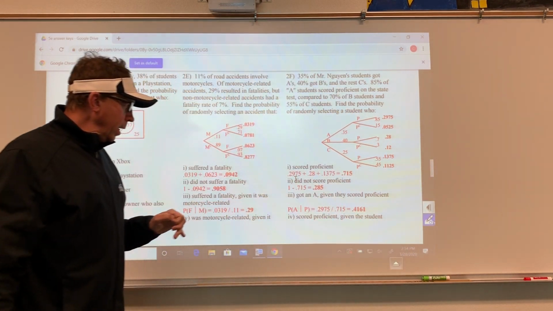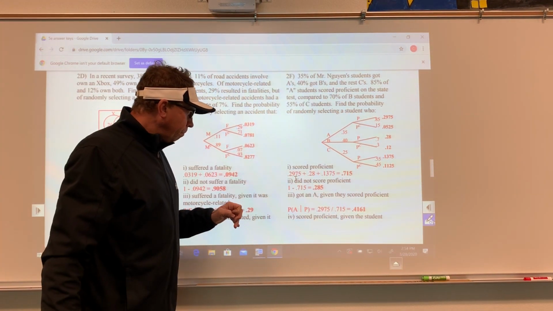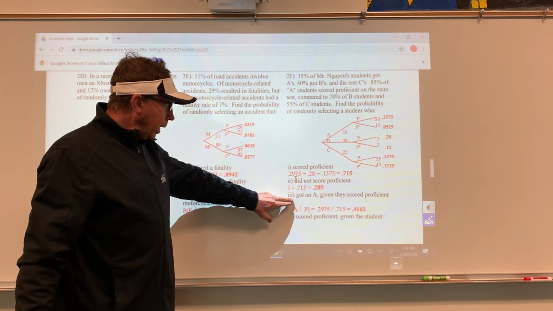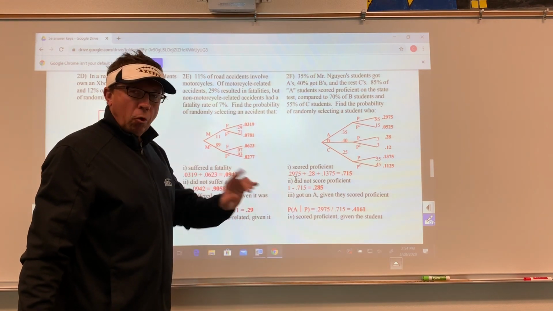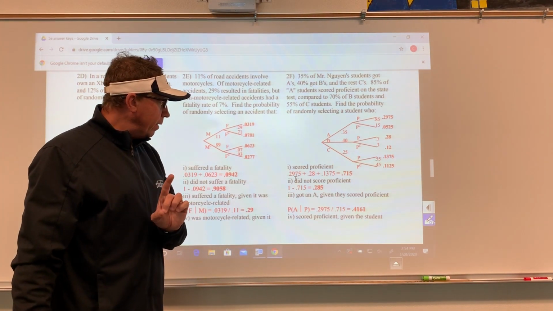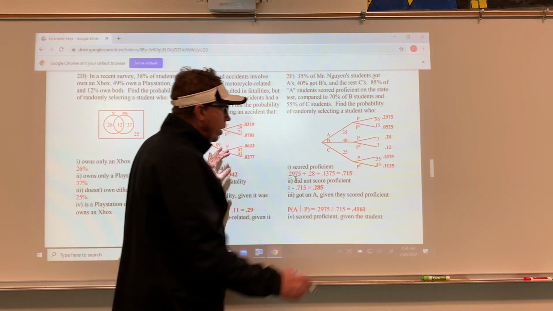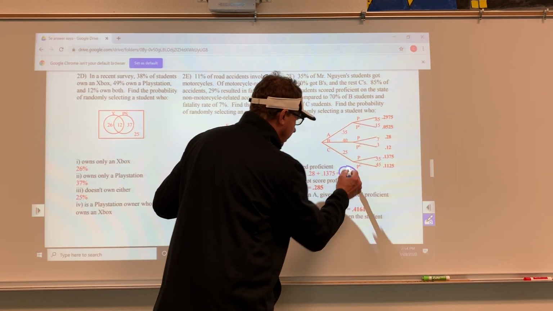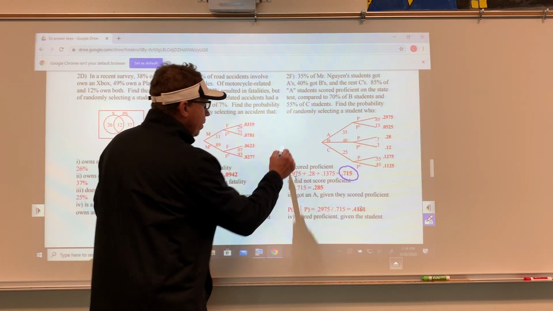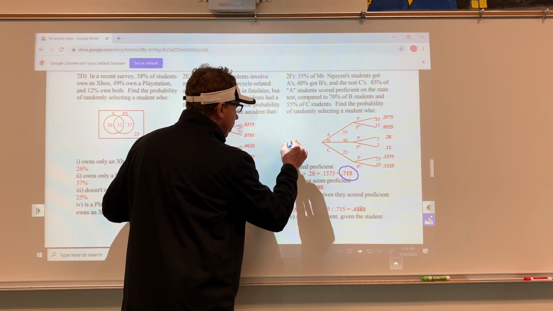The next question is, got an A given they scored proficient. So given they scored proficient, we know scored proficient is 0.715. So that's going to be my denominator.